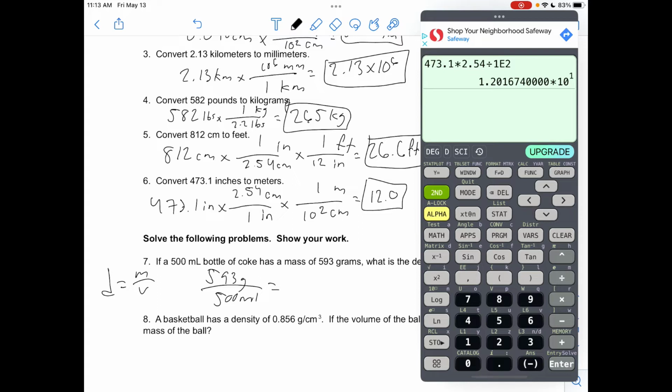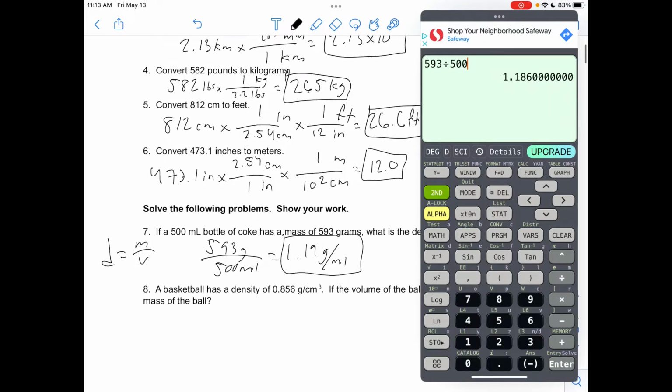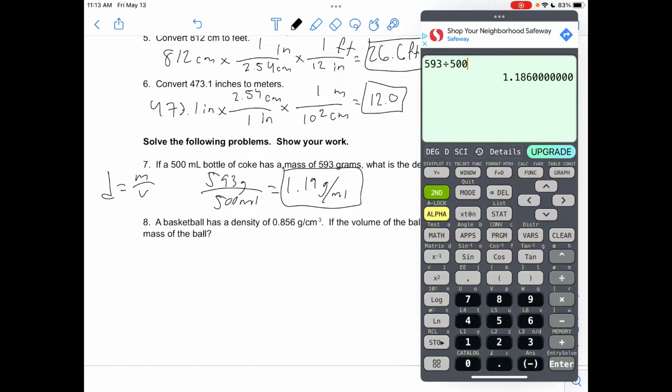That's going to give me my density, or how thickly concentrated it is. So that would be 1.19 grams per milliliter.